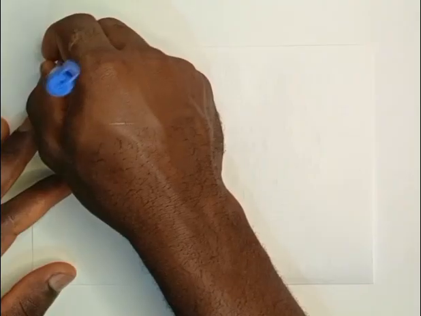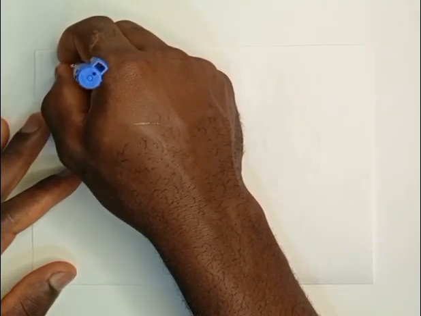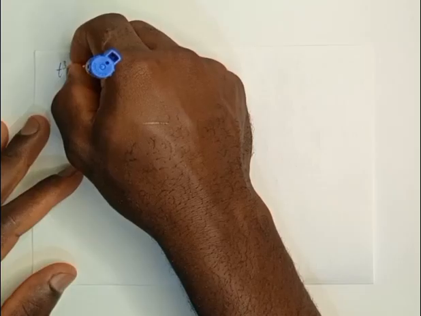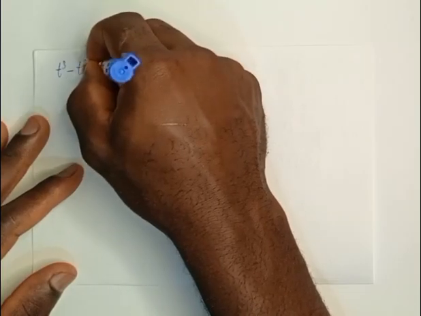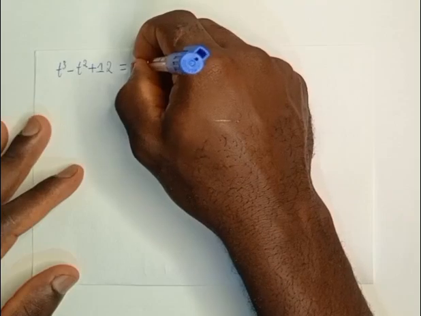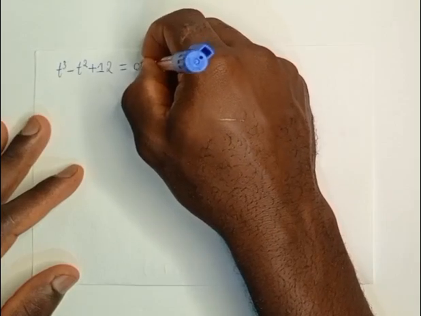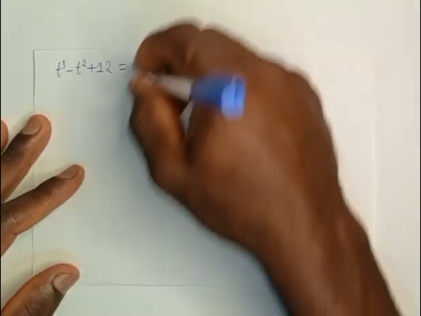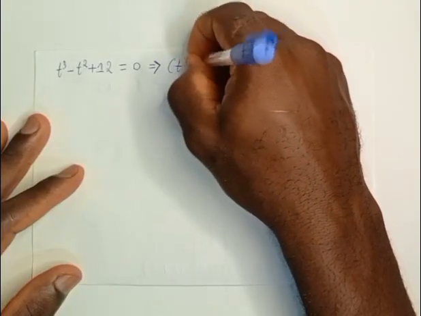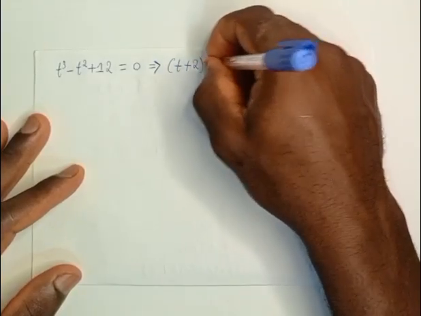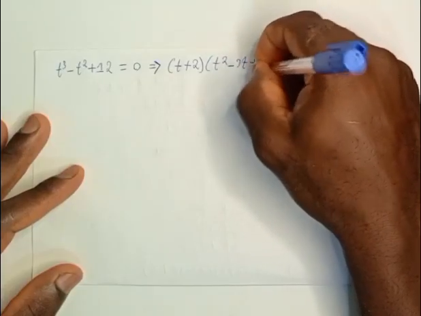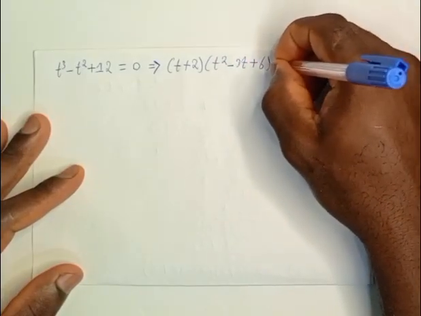Solving t cubed minus t squared plus 12 equal to 0 is simply the same as solving t plus 2 times t squared minus 3t plus 6 equal to 0.